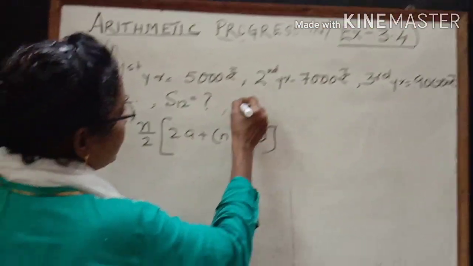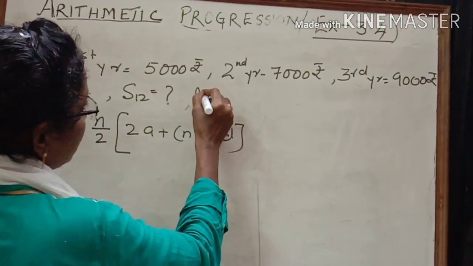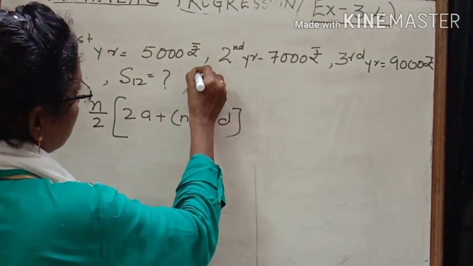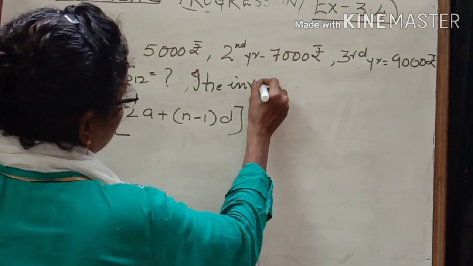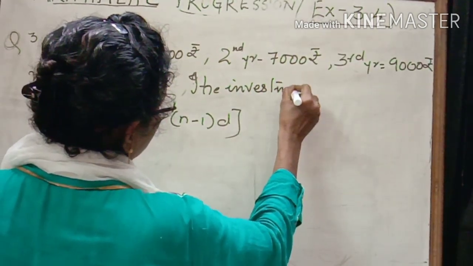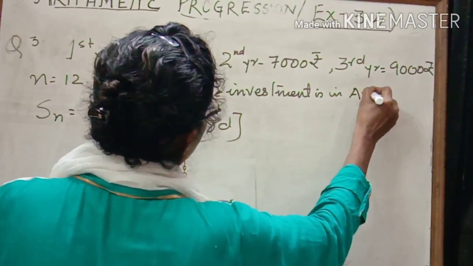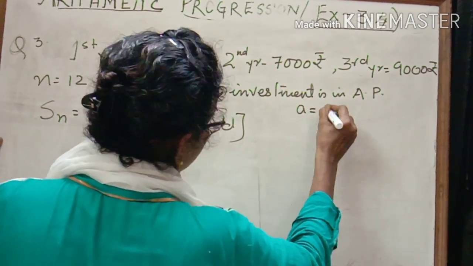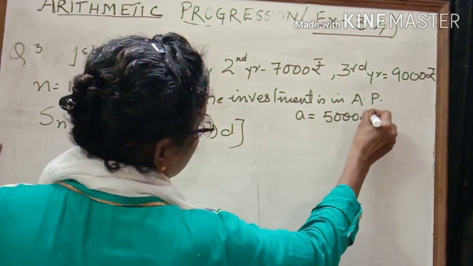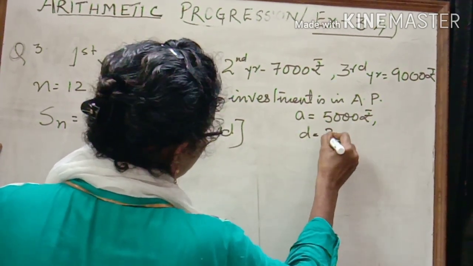So first we will write that the investment is in AP. a is equal to 5000 rupees and d is equal to 2000 rupees.